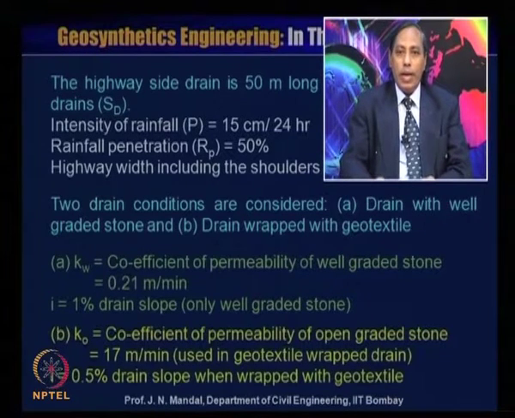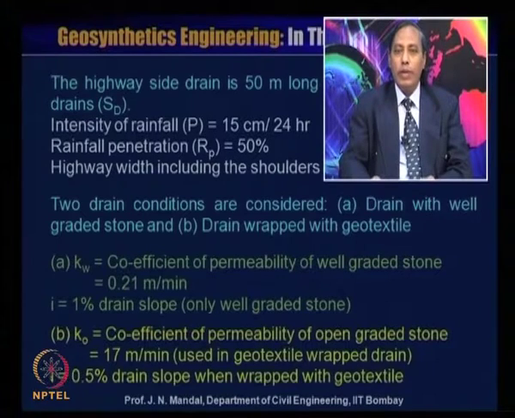In case of A, Kw is the coefficient of permeability of well graded stone, that is 0.21 meter per minute, and I is 1%, that means the drain slope, only well graded stone.